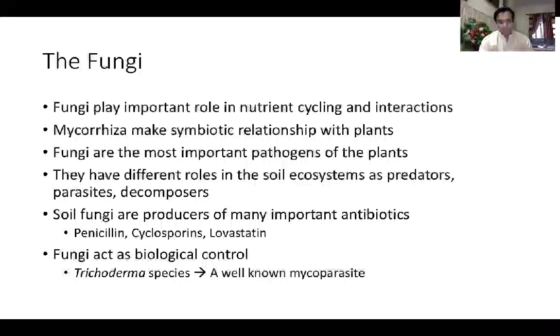For example, Trichoderma species is a well-known mycoparasite. So they are used against other fungi which are parasitic to plants. For example, Trichoderma species has been used against Rhizoctonia solani, which is an important pathogen.